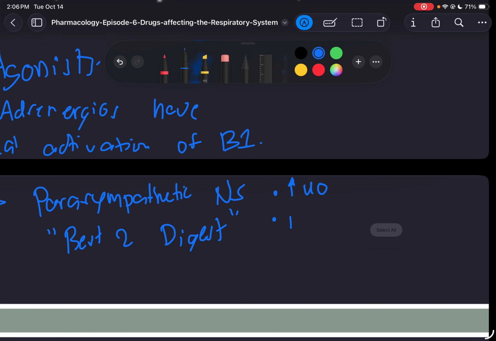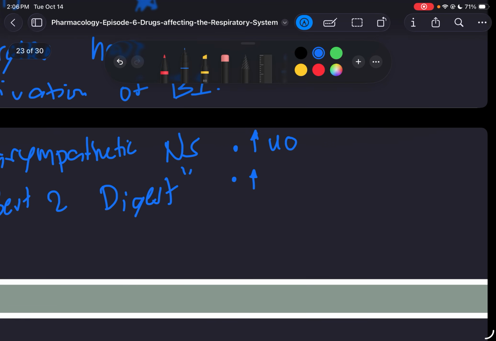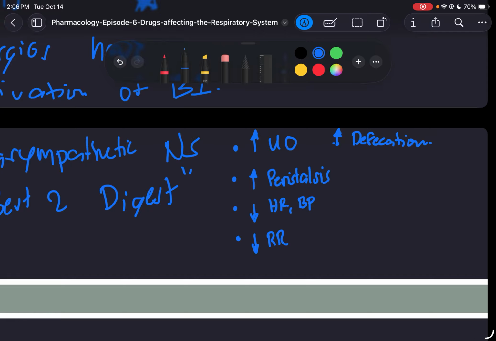It will increase peristalsis. It will decrease heart rate and blood pressure, and it will also decrease our respiratory rate. It will increase defecation, so you go to the bathroom faster, di ba?